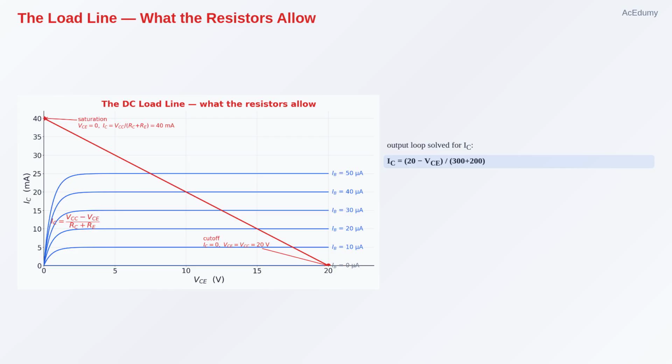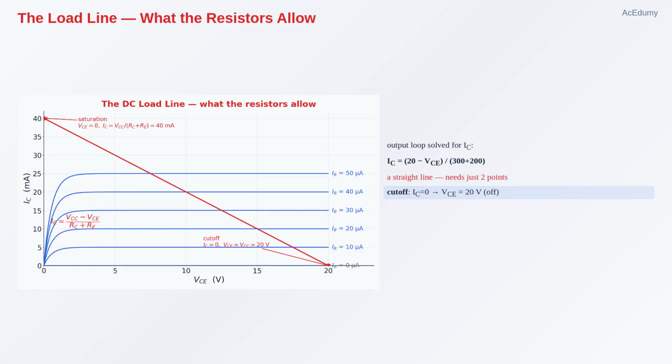That is the equation of a straight line, and a line needs just 2 points. First, imagine the transistor fully off, cut off. No collector current, so no drop across the resistors, and the whole 20 volts appears across the transistor. That is the point 20 volts, 0 milliamps on the right.